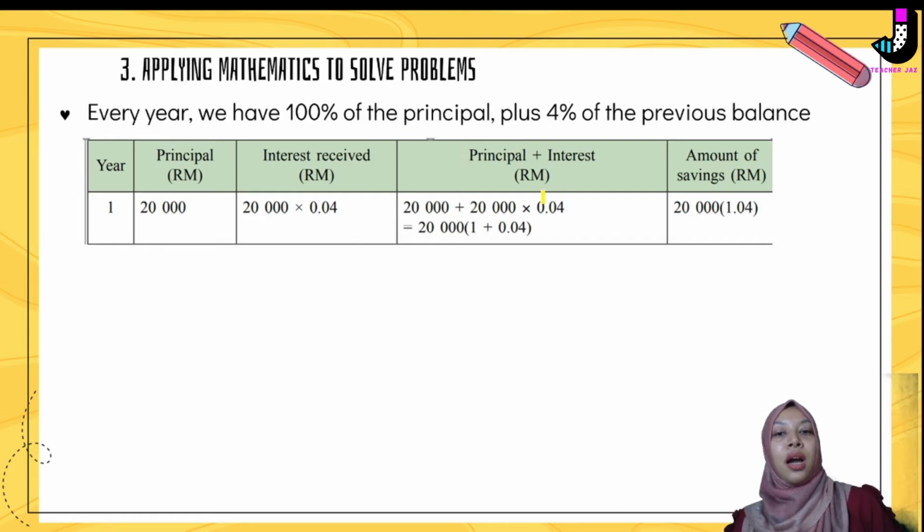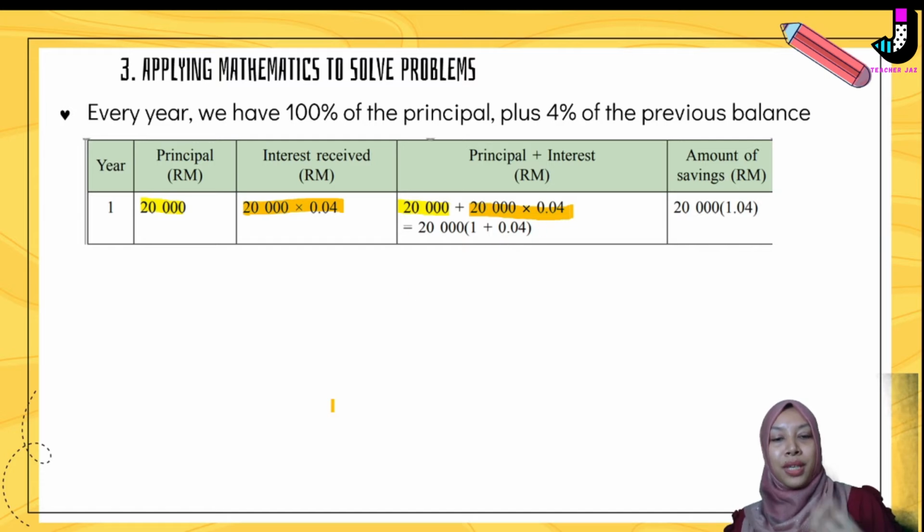Then how are you going to get the total principal plus the interest? You need to add the principal and the interest received. Here this is the 20,000 principal, and this is the interest received.